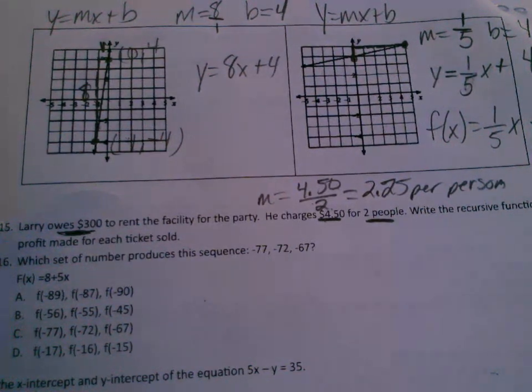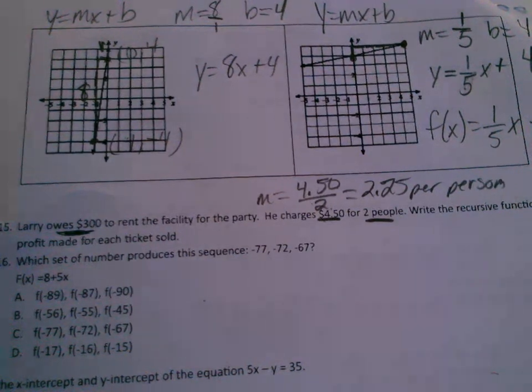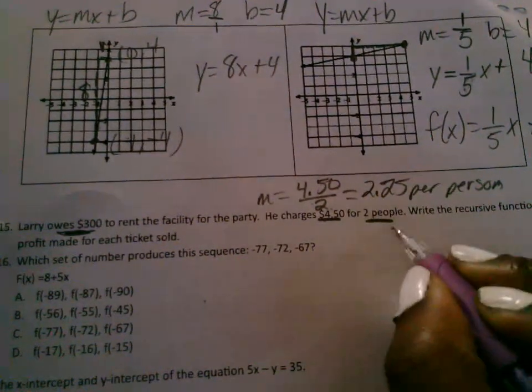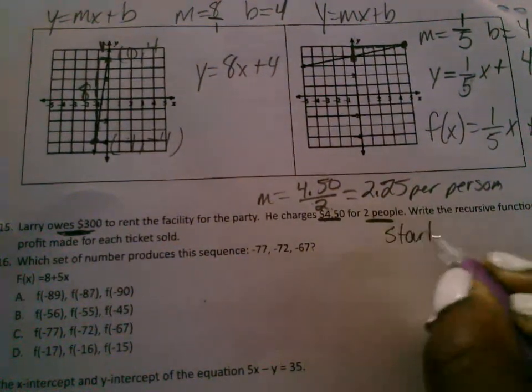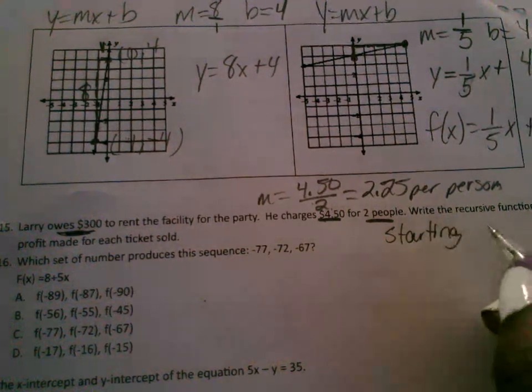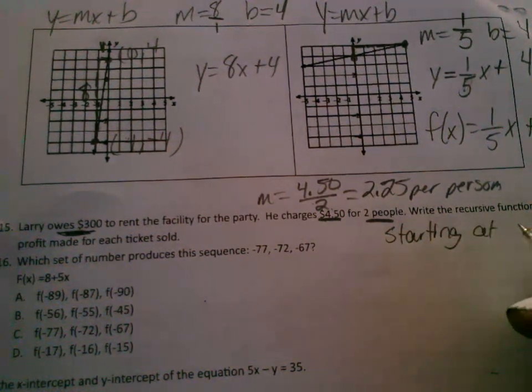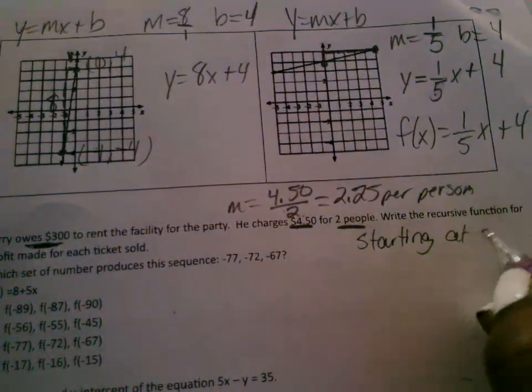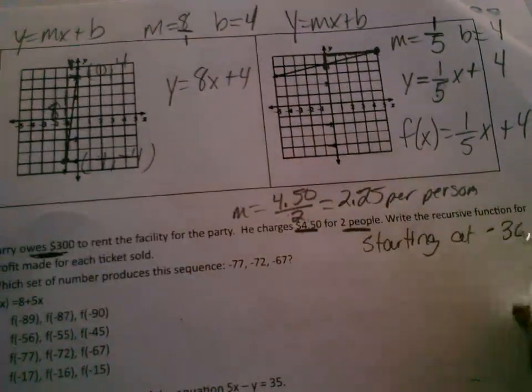Okay. So profit is after you have paid everything off, right? What you make afterwards. So I'm starting off. How much do I owe? What do I start with? 300, you owe 300. I'm starting off positive or negative? Positive. Oh, wait, negative because he owes. You owe, right. That's negative 300.